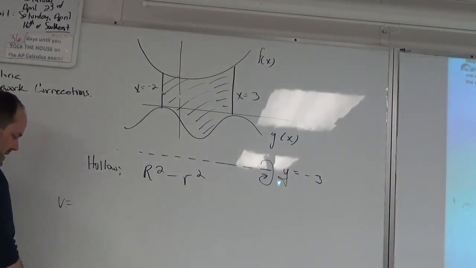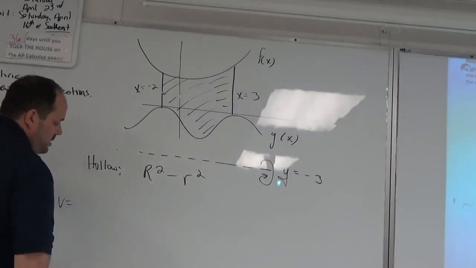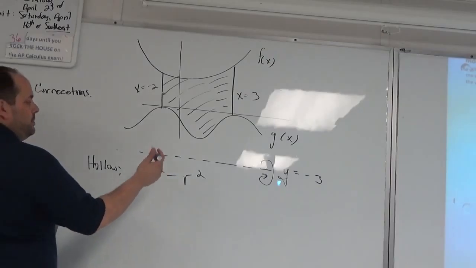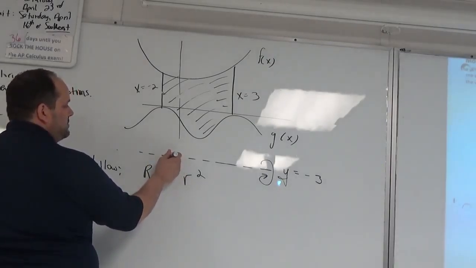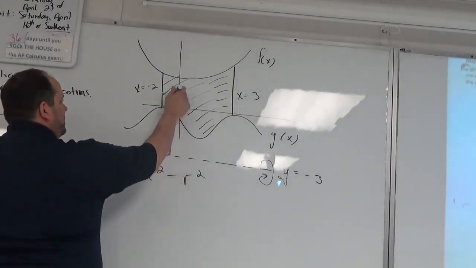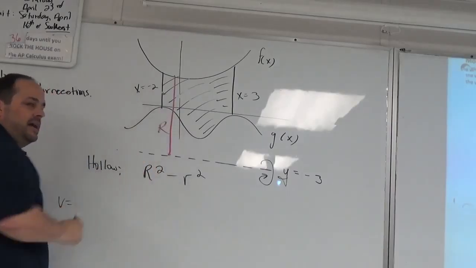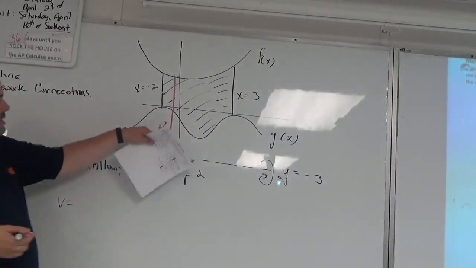All right, great. So, big R. Big R, we're starting on your axis of rotation and you're going all the way up until you hit that outside curve. Jonathan, what's big R?